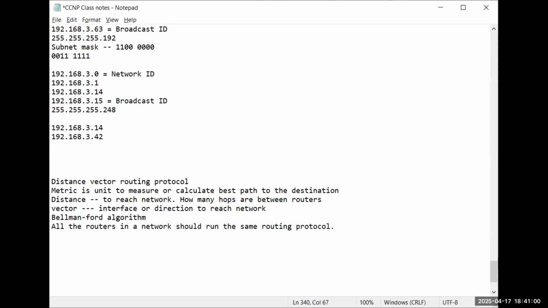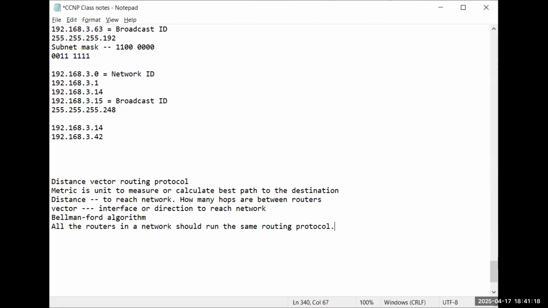Only then you will form a network, only then routing will happen, and packets will be exchanged between each router.